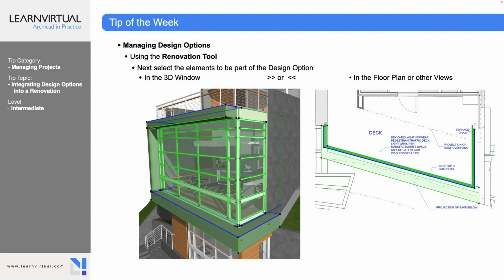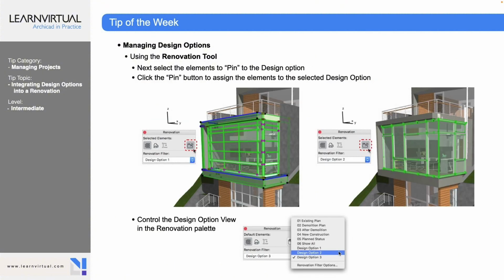So it works in either view, and it could also work in any other view, including elevations, sections, details, etc. The way it works is we use what's called the pin option within our renovation settings. If you open up your renovation palette, you will see this little pin option on the upper left-hand side.